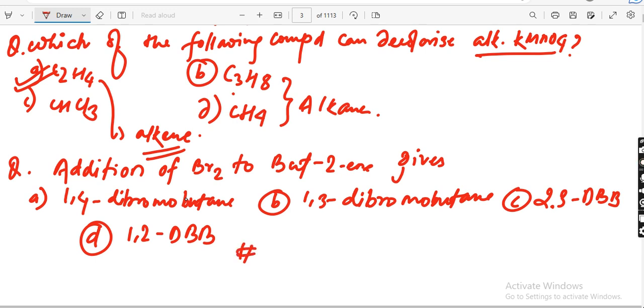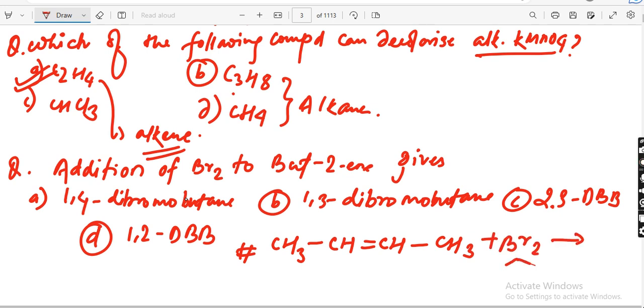So first of all, you have to know the structure of 2-butene, that is CH3, CH double bond CH, CH3. When you react this with bromine, this will give Br plus and Br minus. Look, this is symmetrical, so it can attack at any position, here or here.